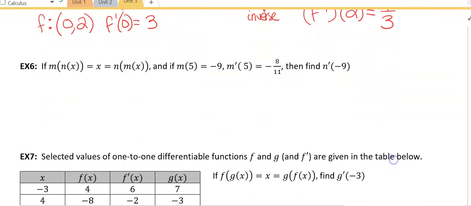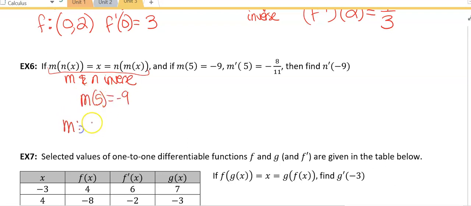Example 6. It says if m of n of x equals x, and so on, what this means is m and n are inverse functions. So what information do we have? We have m of 5 equals negative 9. That means the corresponding point is 5, negative 9.